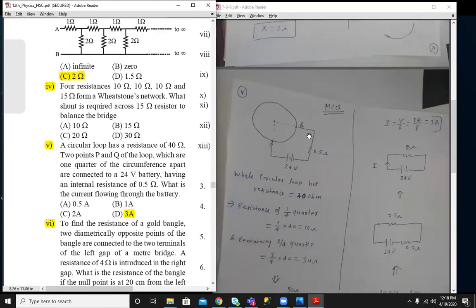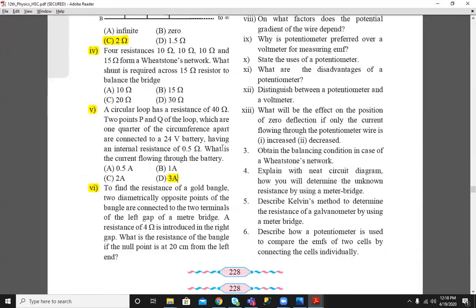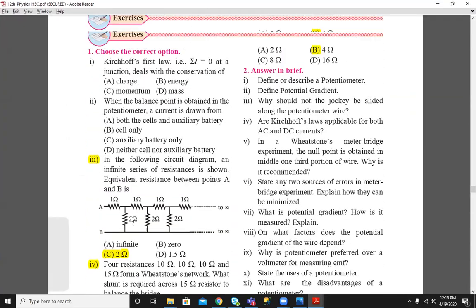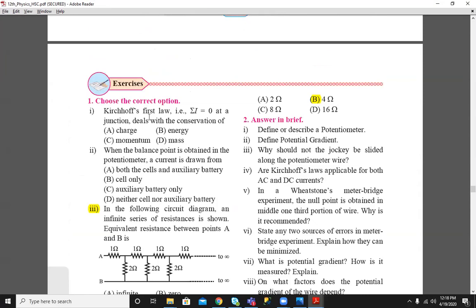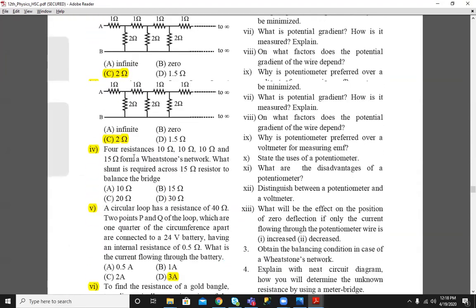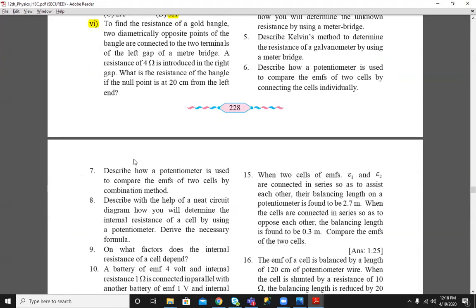So these are the two problems. Total 3 MCQs, we have solved all of them. You have also solved this MCQ on Kirchhoff's first law, the conservation of charge. It is the first law, right?